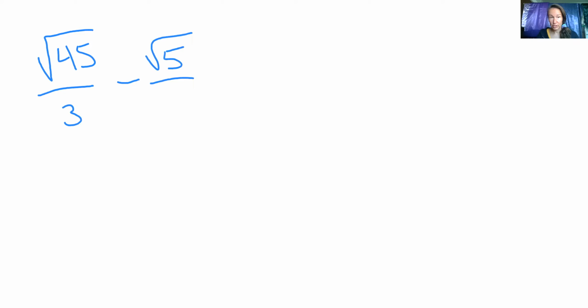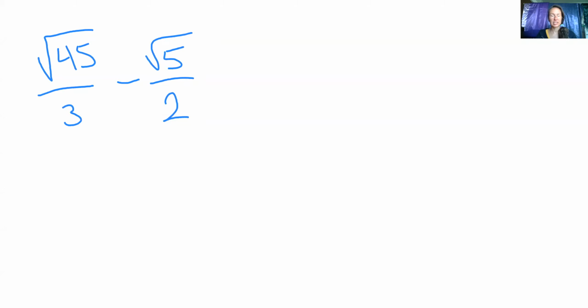So our first example, we have square root of 45 over 3 minus root 5 over 2. So initially, when you see the square root of 45 over 3 minus the square root of 5 over 2, you can approach this in a few ways.